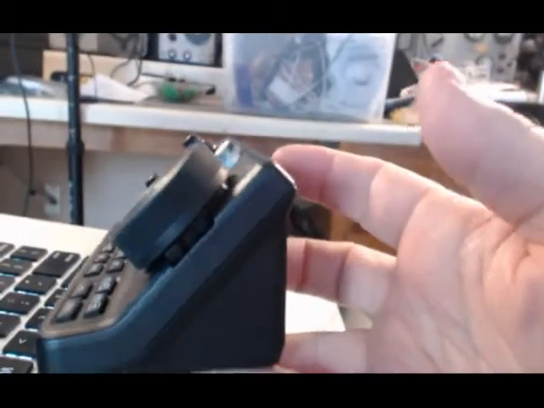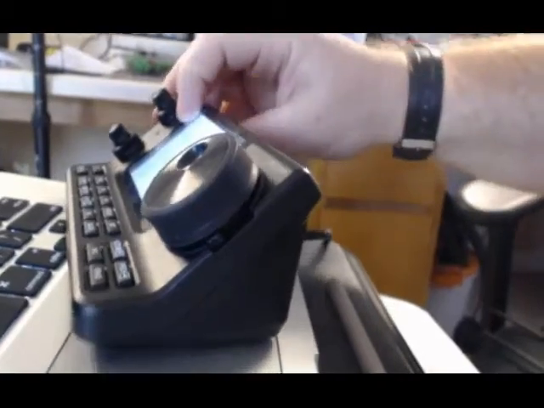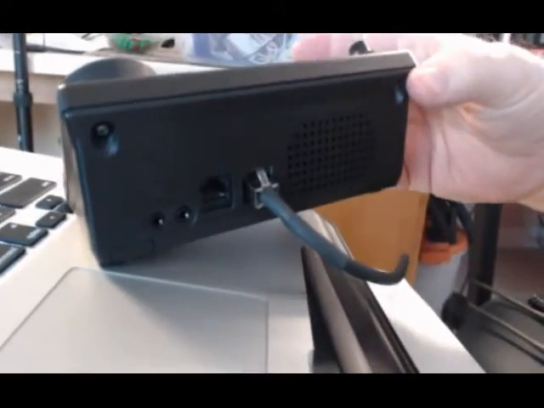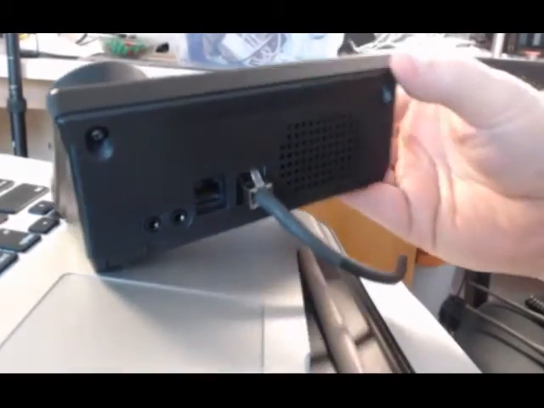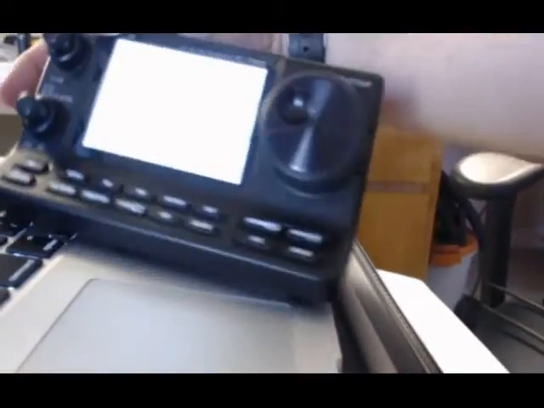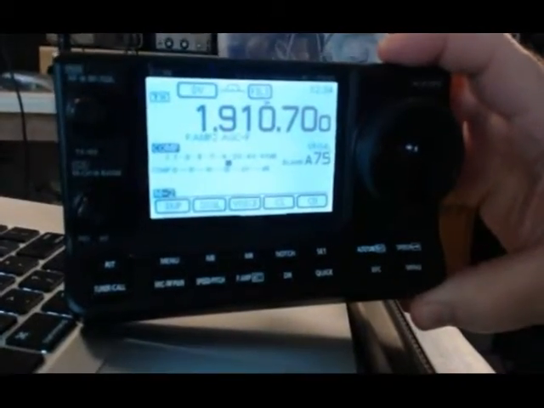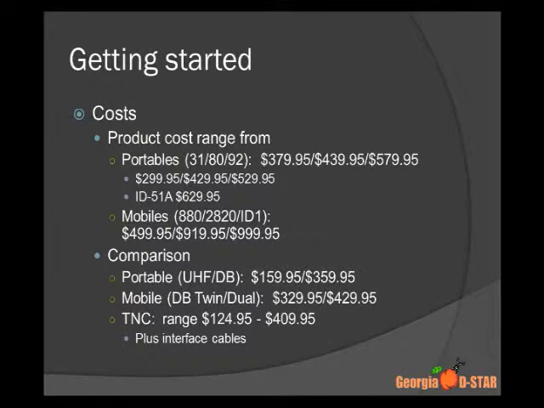It's going to be available in also the January time frame, is that correct? Or no, a little later on out. But there's a new radio coming out, and it's HF, but it is also D-Star capable as well. I see a comment, how much is the new 51? We'll be getting to that with my next slide. But a lot of good features on the 7100.